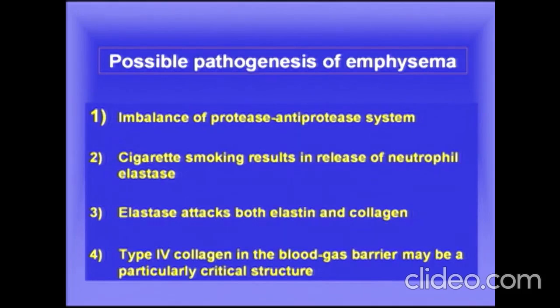So this may be part of the mechanism of this. Now, of course, if you've got breakdown of the collagen in the lung, then clearly the lung is very vulnerable. And one of the questions may be, what is the most vulnerable region of the lung? And I think that the blood-gas barrier is a good candidate for that.